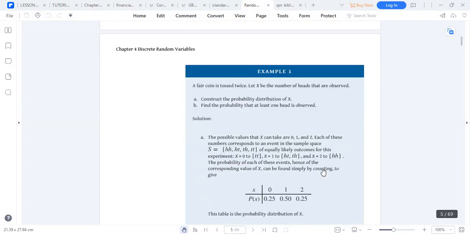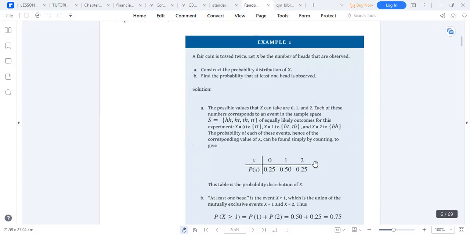So we're going to look at a fair coin. Now, a fair coin is tossed twice and has an equal chance of having a head or a tail. So we're going to construct what we call a probability distribution of X, and also we find the probability of having at least one head.